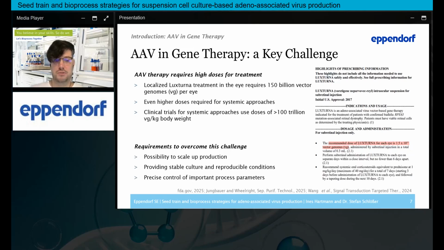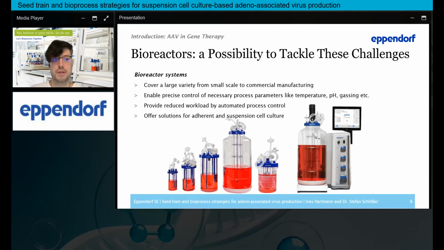So what you would need would be a system that has the possibility to scale up to the production scale you need. It should provide stable culture and reproducible culture conditions. And this can be performed, for example, by precise control of the important process parameters.